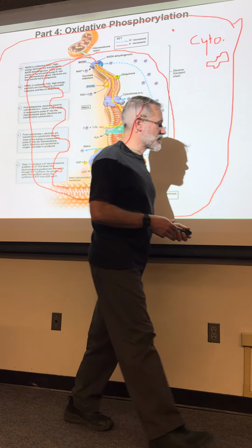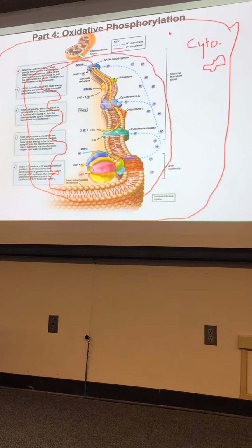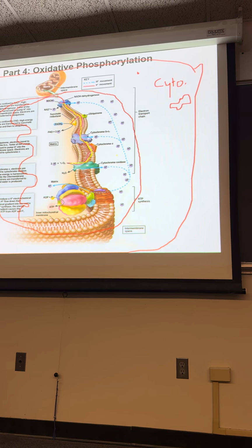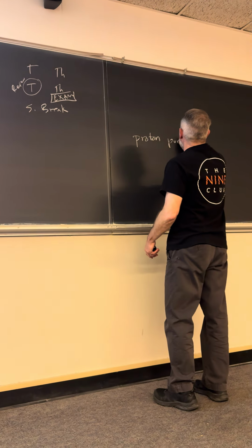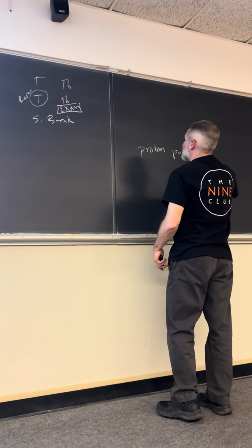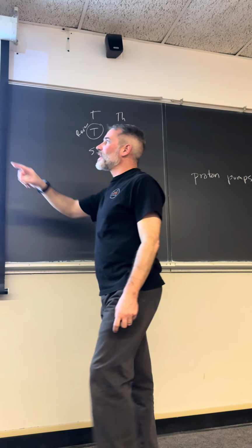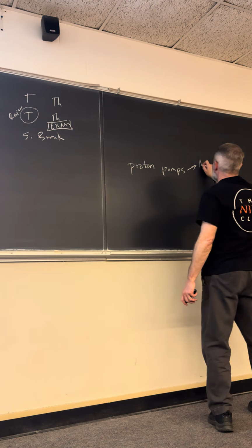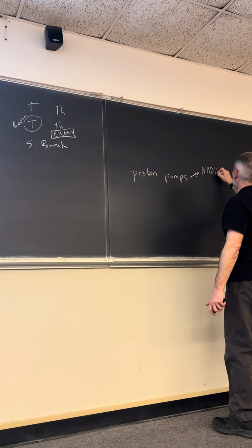Okay, so in the electron transport chain, we have these proteins, which are called proton pumps. All right, and the first one, where NADH is passing along its electron, is called NADH dehydrogenase. It's a mouthful.